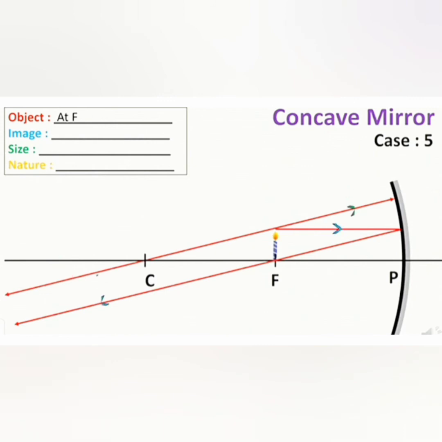They will maybe meet each other at infinity. So our image will be at infinity. As they meet at infinity, the size of the image will be highly enlarged, and the image is in front of the mirror, so it will be a real and inverted image.